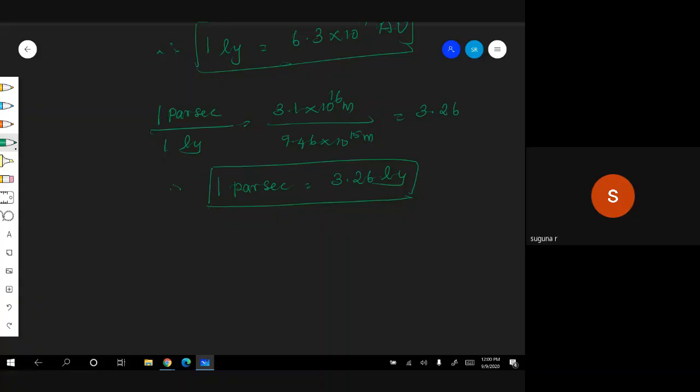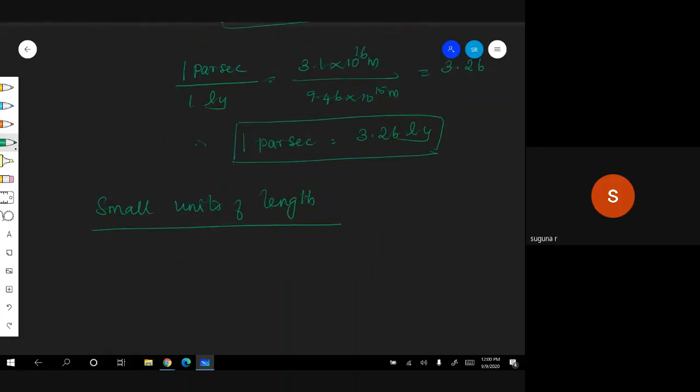Like that, for very small lengths, in which unit are we measuring? I am telling only practical units of length.